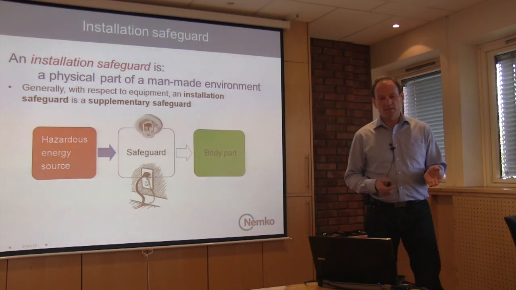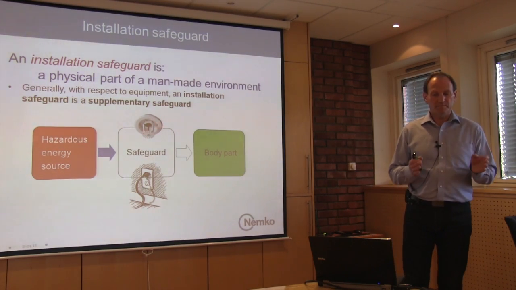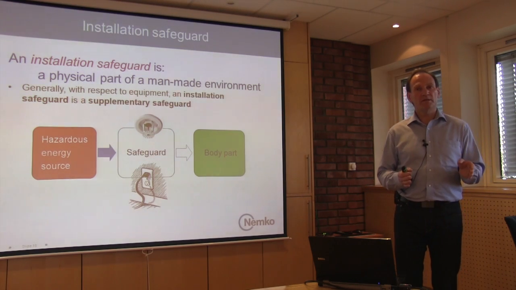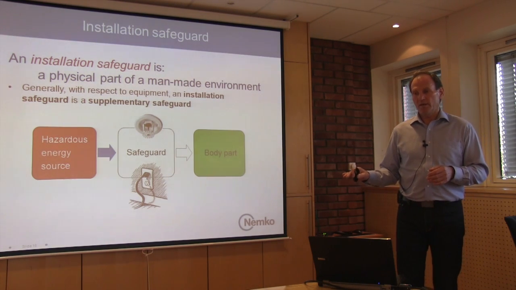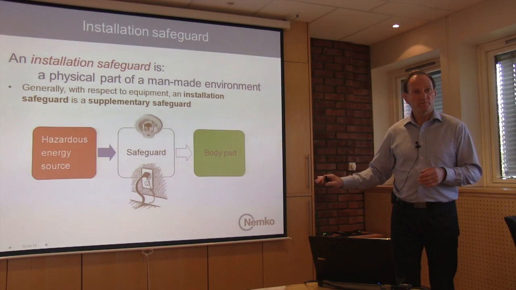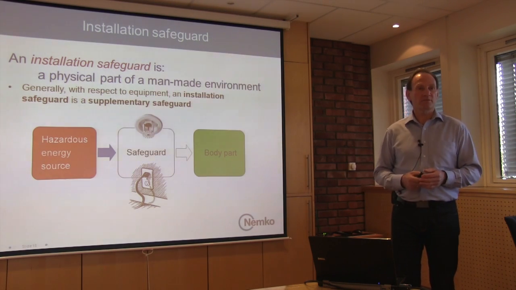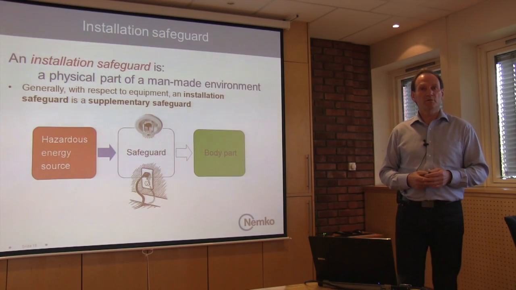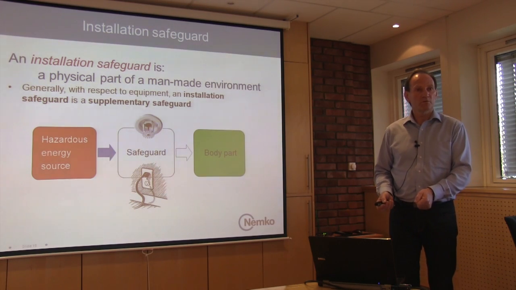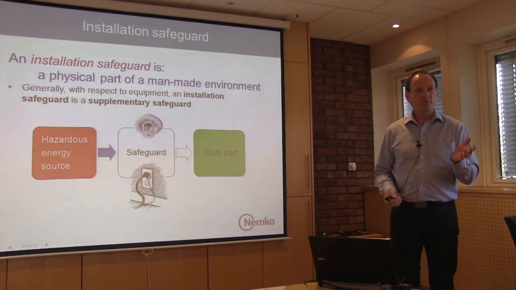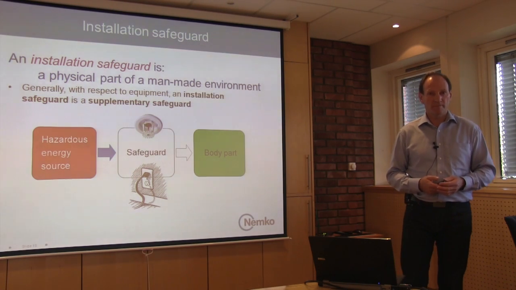It can be the installation in the house. For example, you can have an insulating floor, that is an installation safeguard. It could also be a big product which is bolted to the floor so as not to tip over. That's an installation safeguard.